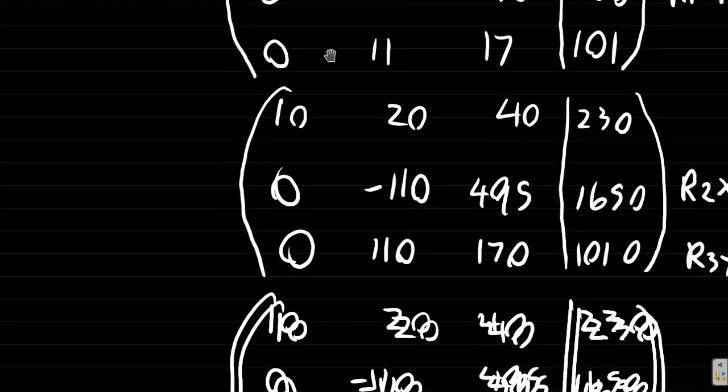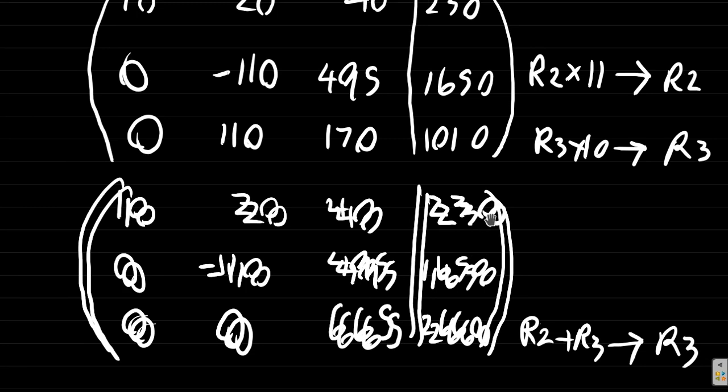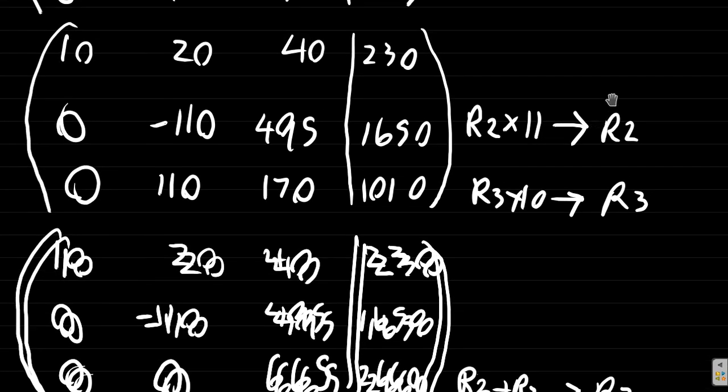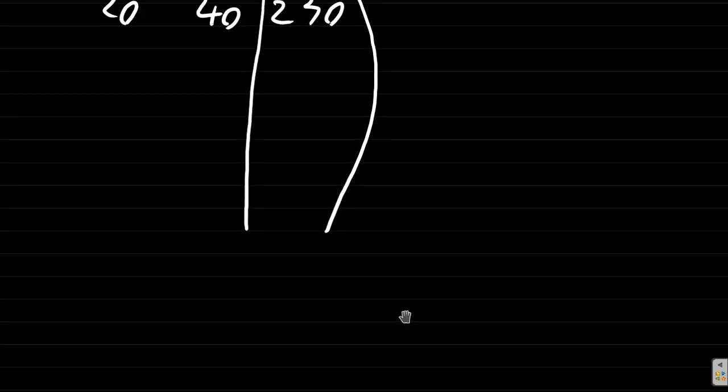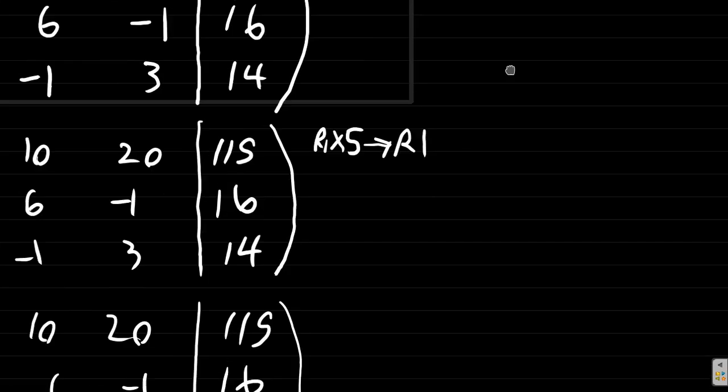Then copy the thing in what? Alright, this was what? 0, negative 110, 495, 1650.